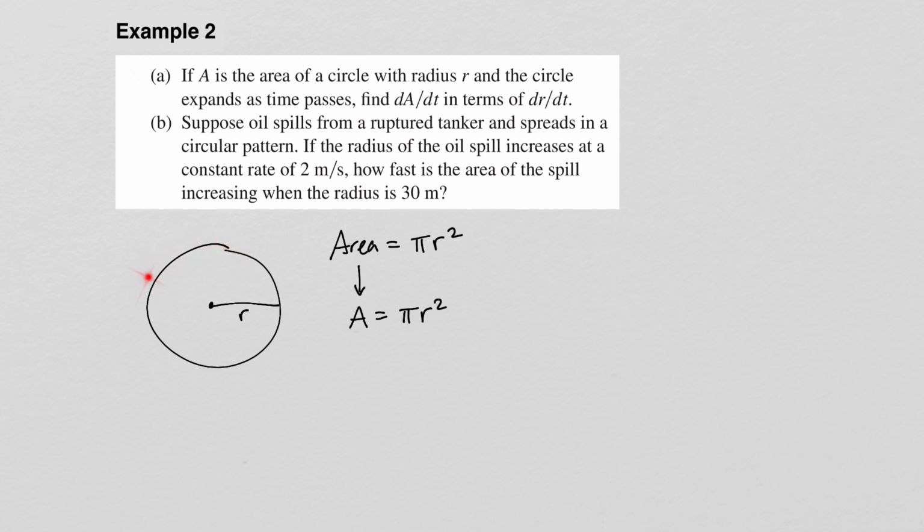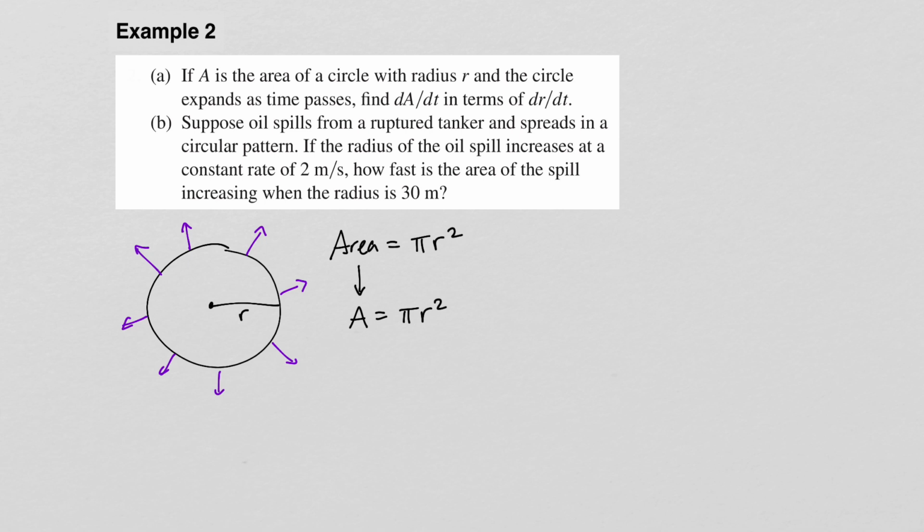Now, if the circle is increasing in size, so that means that it is expanding outward in all directions, that would of course mean that the area of the circle is getting larger and the radius is getting larger.